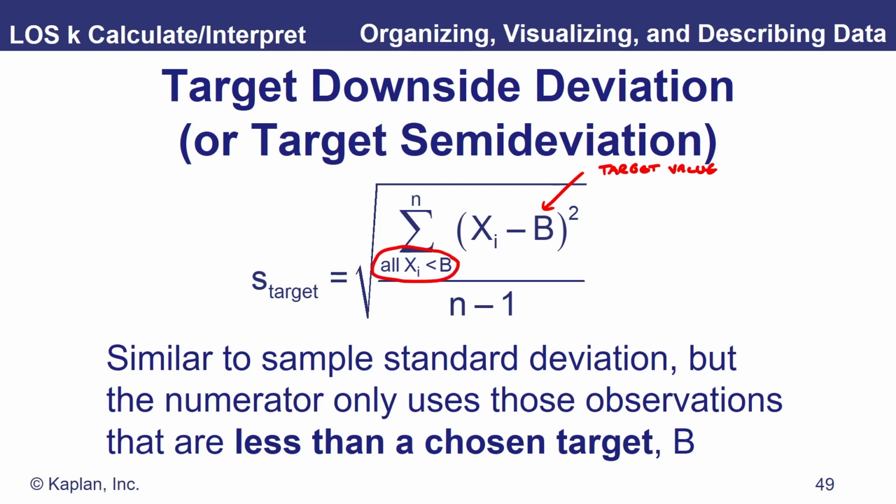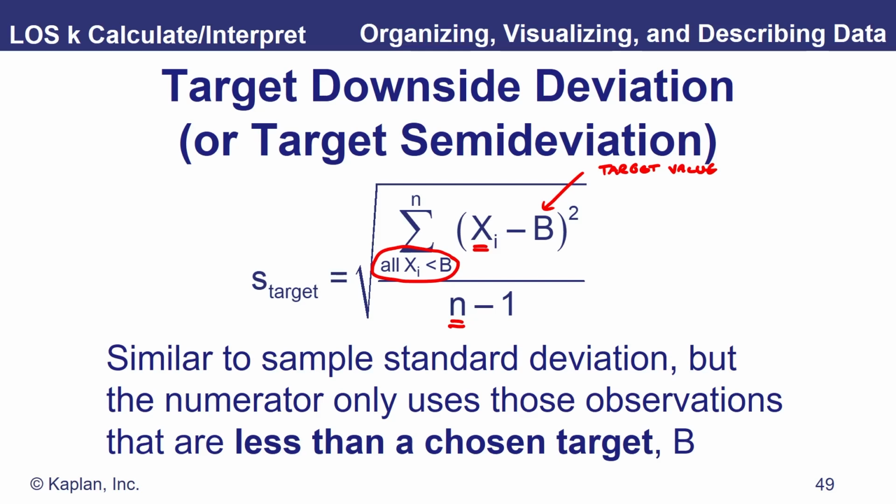We're only going to take observations that are lower than the target. Any observation above the target is ignored. So we're going to sum the deviations that are lower than the target value, square those deviations, sum them, and then divide through by n minus 1. Again, we need to be careful with n. N is all observations in our data set, even the ones that we exclude because they're above the target value.